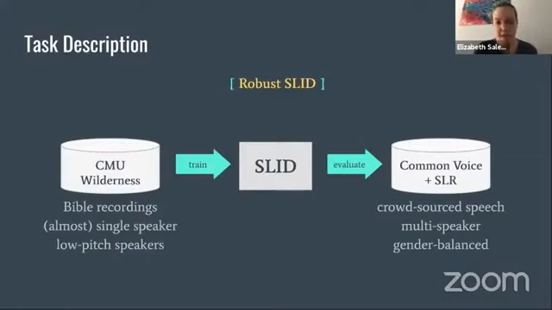The data we've selected comprises 16 languages from 7 different language families. To clarify, the training data and evaluation data differ in 3 primary axes. They have different domains, different speaker sets, and often different recording conditions. So we're trying to see if we can build models that will be able to generalize across these characteristics.